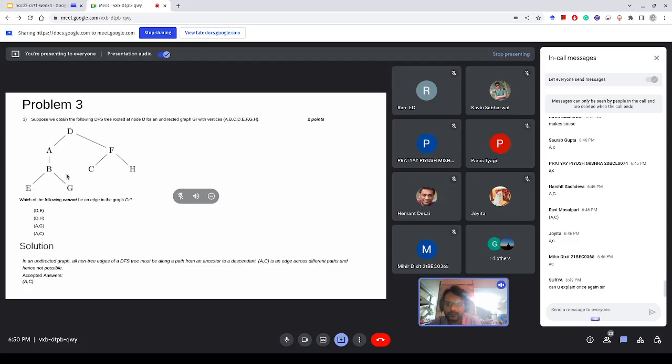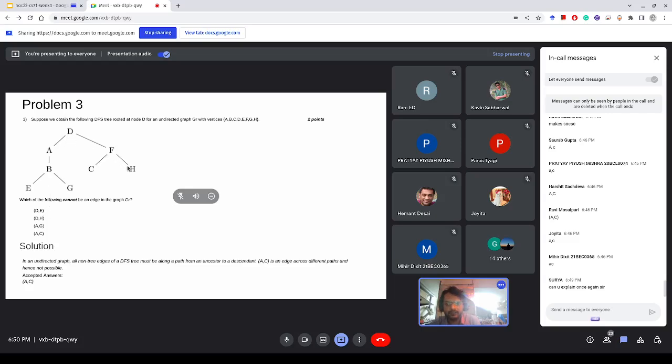You can just connect it in this graph itself, D to E, and with that connection you can still have the same given DFS tree. You can move to D, then A, then B, and then to E, because E is connected to B also. So D and E can be a possibility.